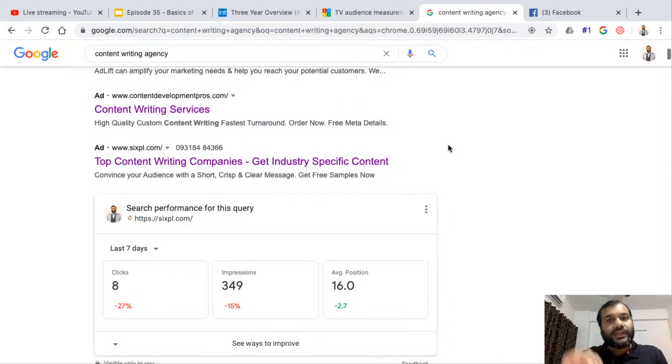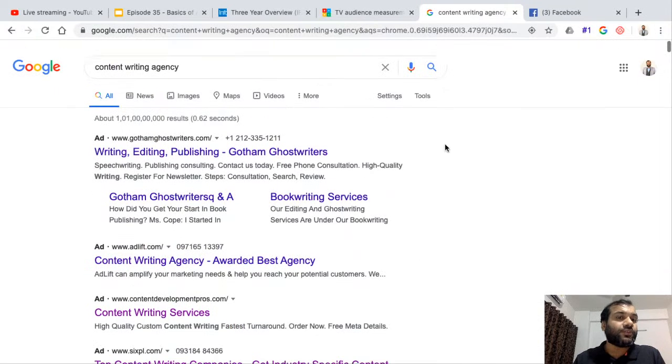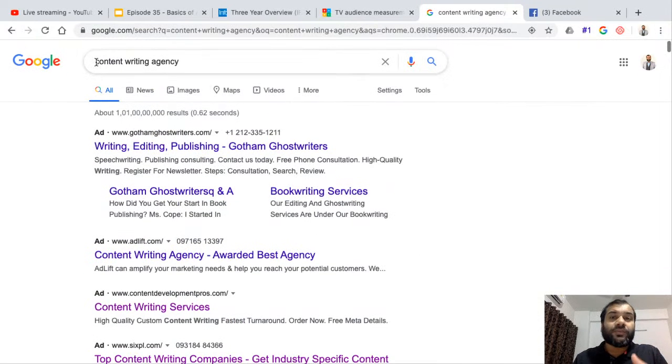You know all this data, and suppose someone searched for free content writing services and still your ad showed, then you have to make sure the next time somebody is searching for free content writing services, your ad does not appear, so that only relevant people will click. This is one.